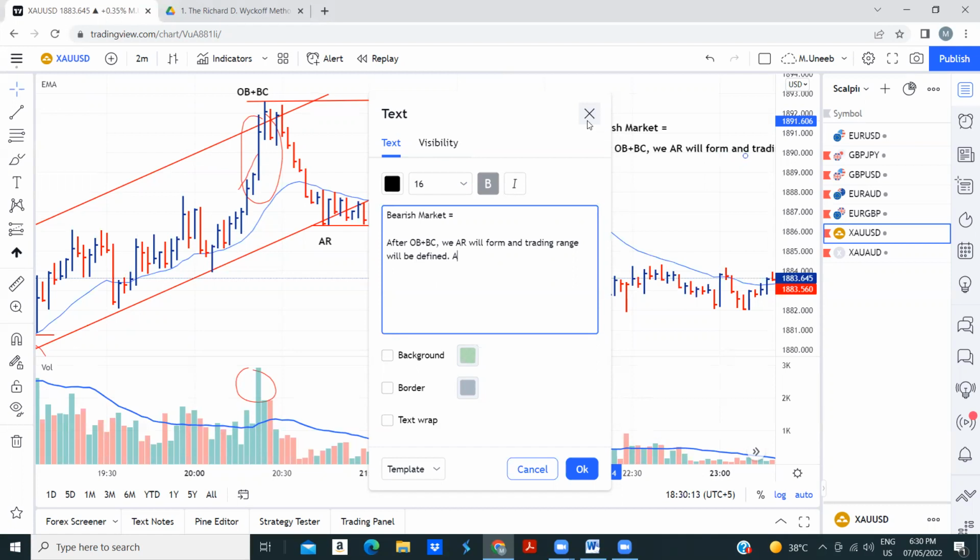AR will be the support, or we call it ICE. Buying climax will be resistance. We have to draw resistance lines from the buying climax and this.